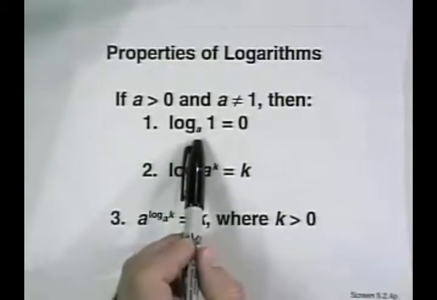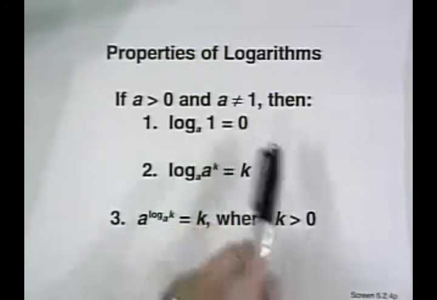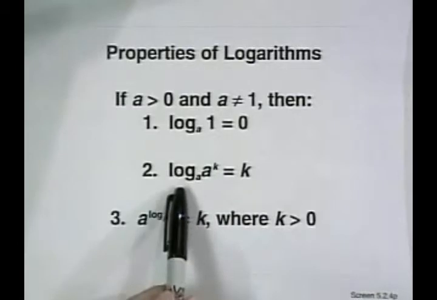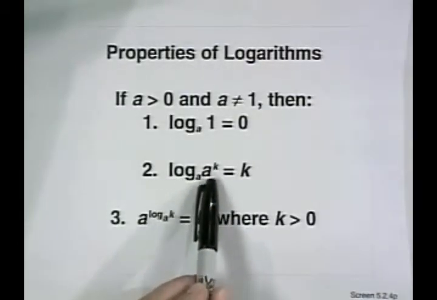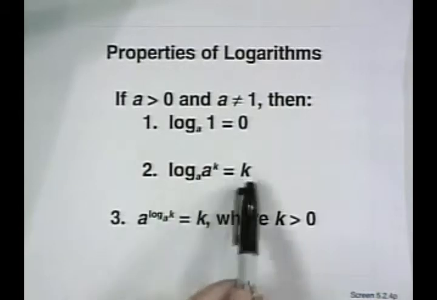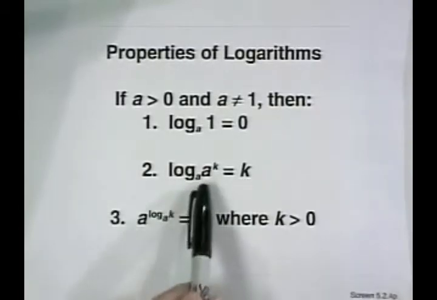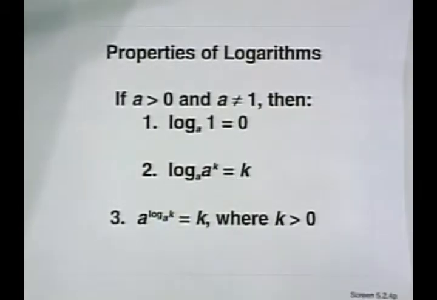That's saying that for any base, the log of 1 is 0. Here's another important property. The log base a of a to some power is that exponent. Log base a of a to the k equals k. Also, if you have a to the log base a of k power, that is also equal to k if k is larger than 0.